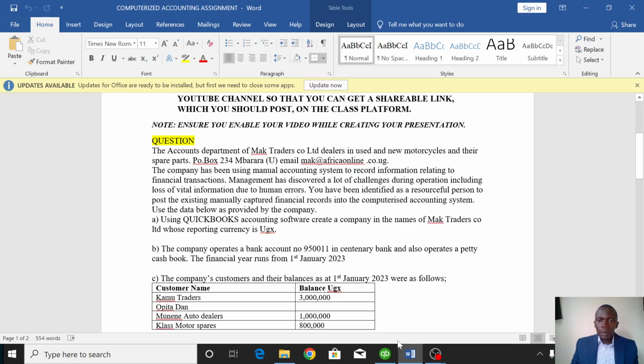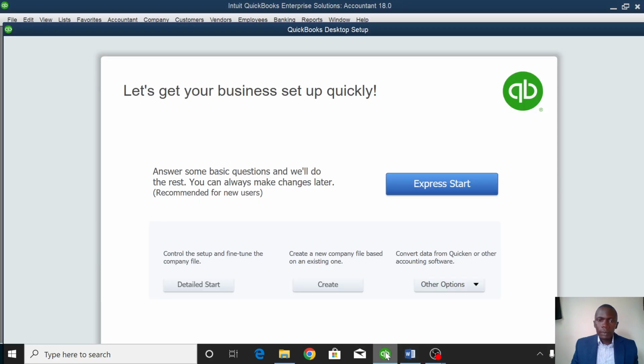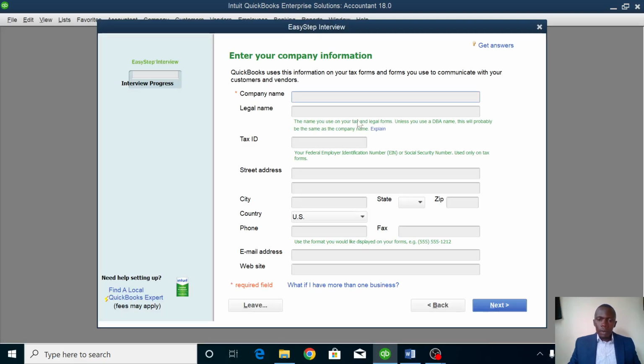So we are going to our QuickBooks. We say detailed start. We input our Mark Traders Company Limited, and have it in the street address.